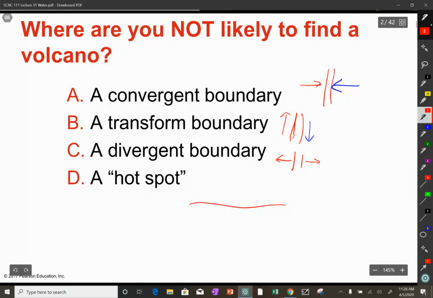That's like the Hawaiian Islands, where you have a place in the ocean or in the crust that is weak. So magma comes up and forms a volcano. These are shield volcanoes from the hot spot. And all of the Hawaiian Island chain is created from one hot spot.